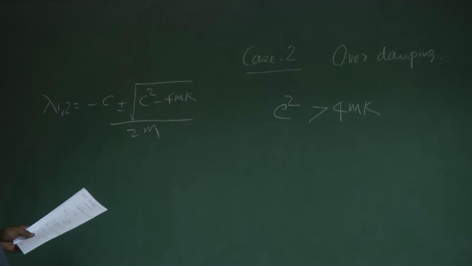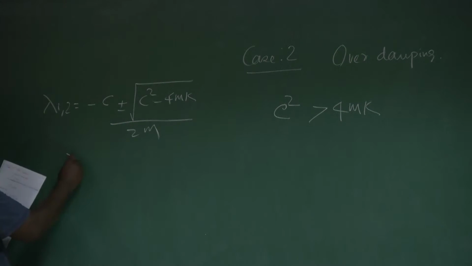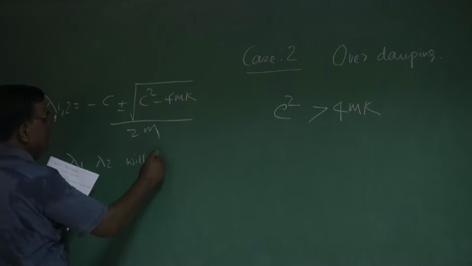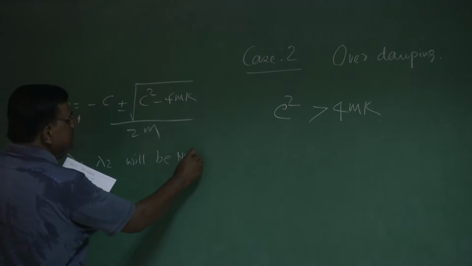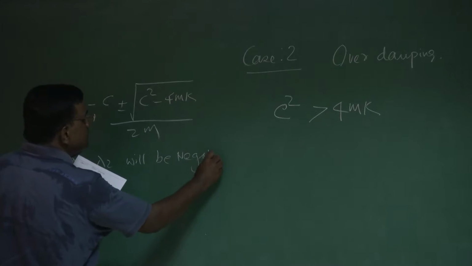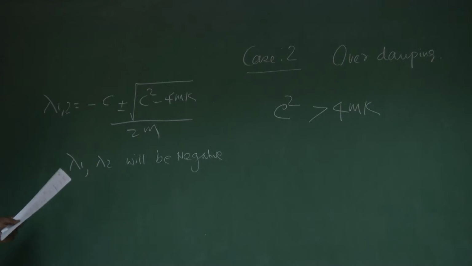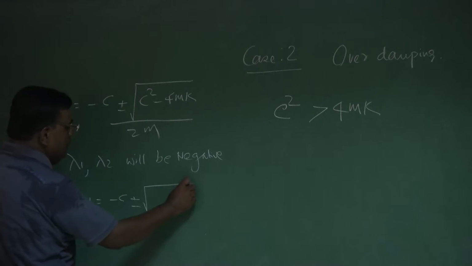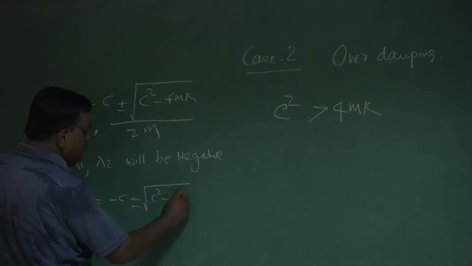Now you could see that both lambda 1 and lambda 2 will be negative. Is it clear or not? First term, lambda 1: minus c plus minus under root c square minus 4 mk.